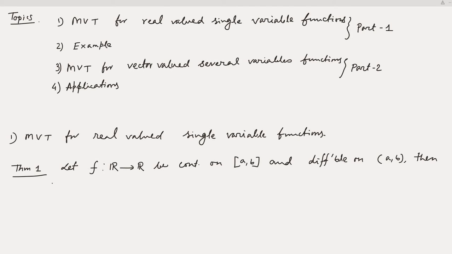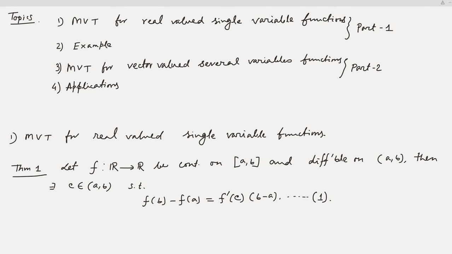Then there exists a point c in the open interval (a, b) such that f(b) minus f(a) equals f prime of c times (b minus a). So this is the statement. We label this equation 1.